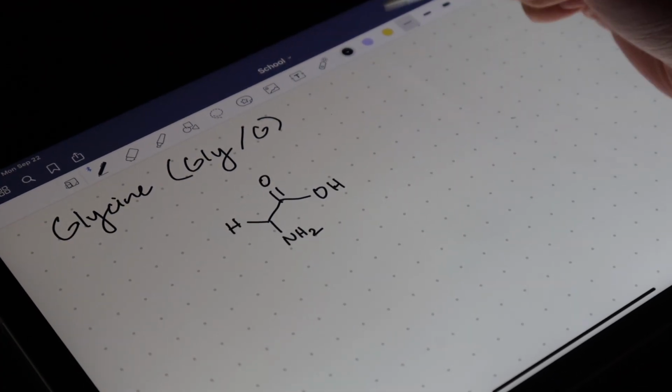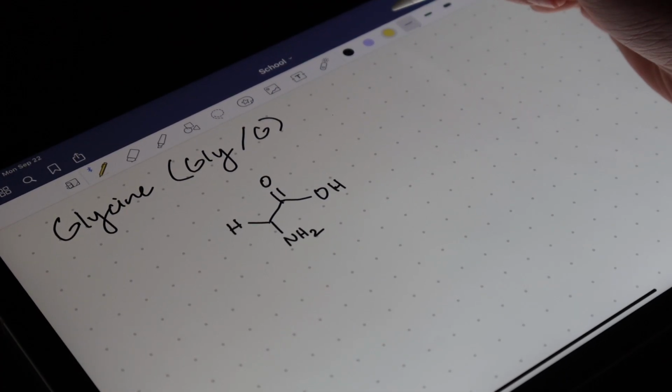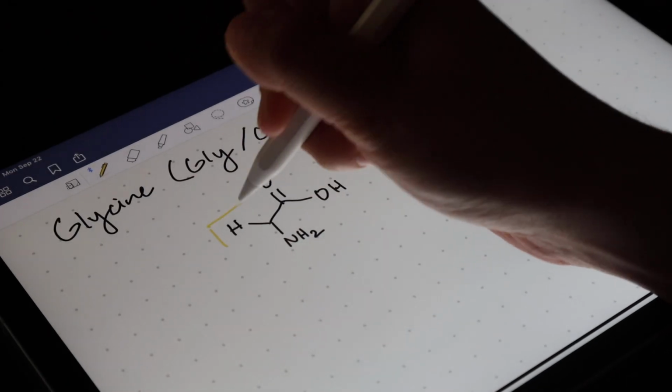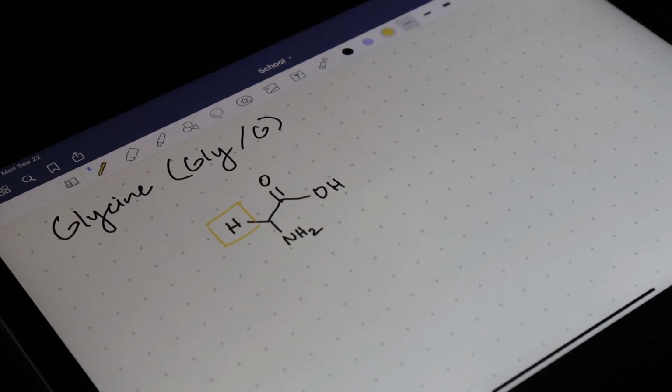So, the interesting thing about glycine is that it is the only amino acid that does not have a chiral carbon, which also means that it does not have unique R or S stereochemistry.